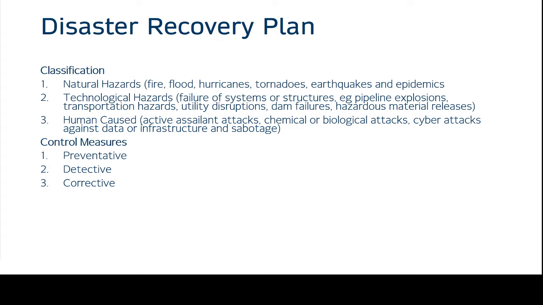Okay, so the first one is what can be done now to minimise the likelihood that one of these disasters is going to occur. Okay, and if it does happen, what can be done to minimise it from happening? So anything that can be done before the event to either prevent it from happening, make it less likely to happen, or minimise the impact if it did happen.